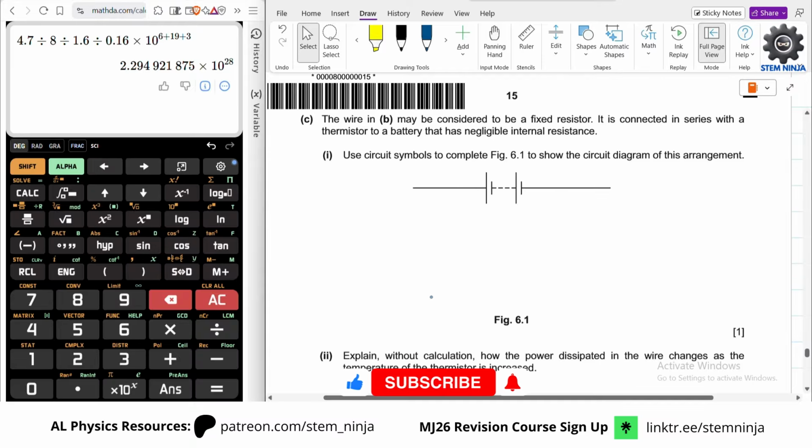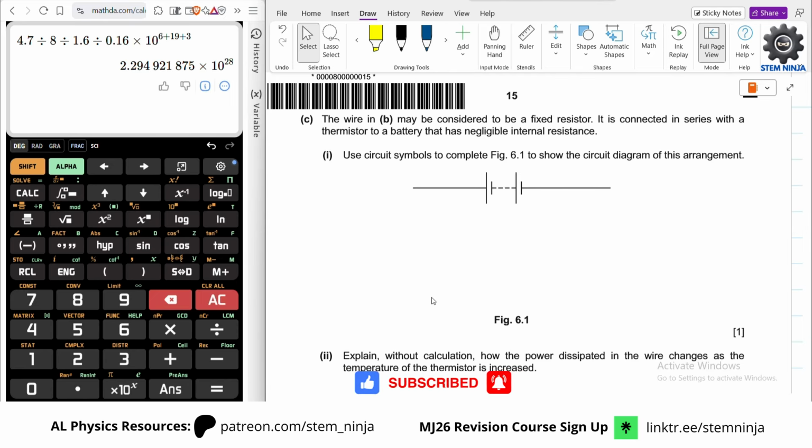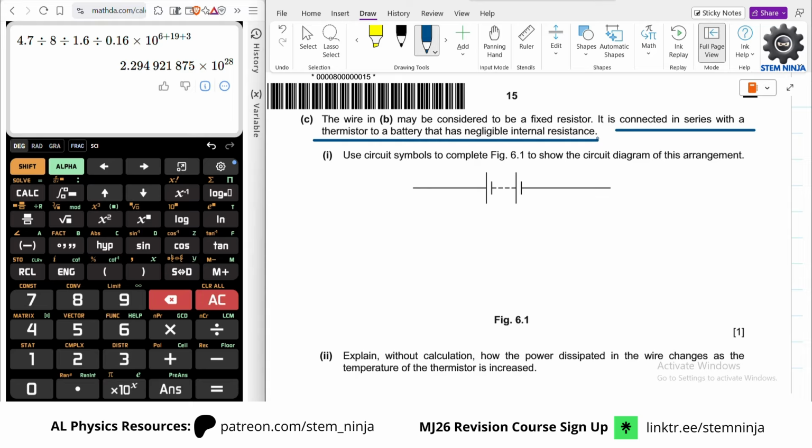Okay. The wire in B may be considered to be a fixed resistor. It is connected in series with a thermistor to a battery that has negligible internal resistance. Use the circuit symbols to complete figure 6.1 to show the circuit diagram for this arrangement.